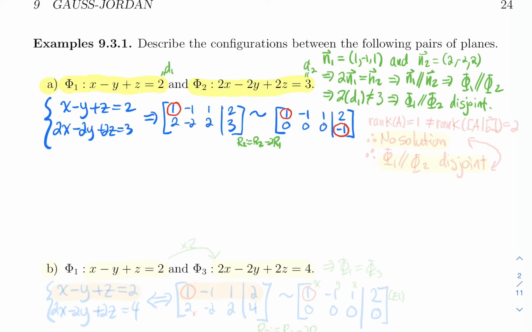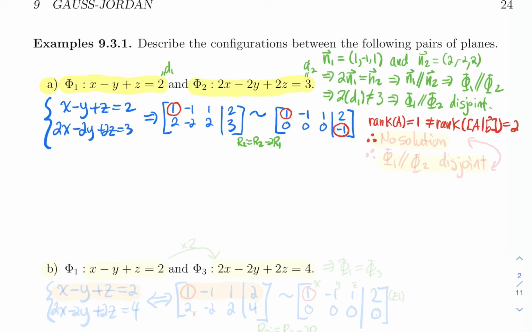So here you can see that the rank of A is 1, which is not equal to the rank of AB, which is 2.